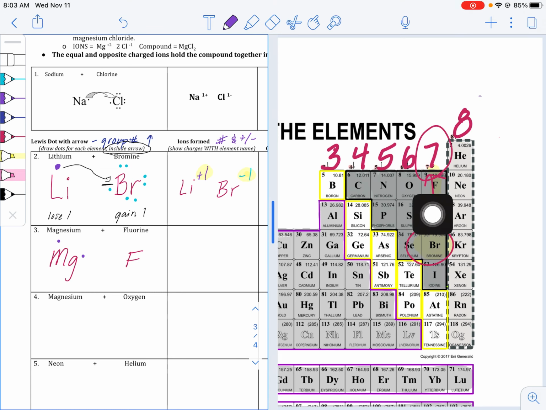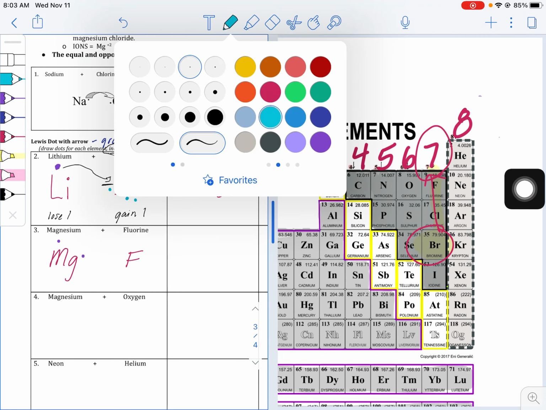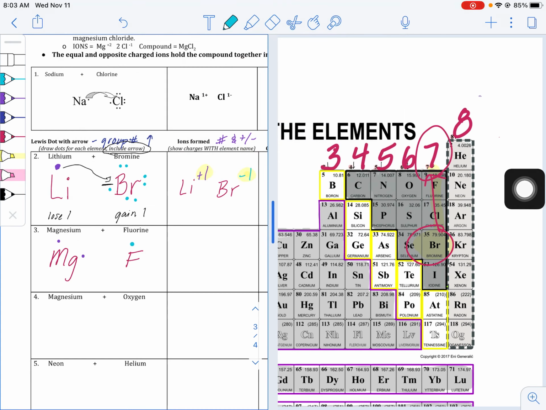Fluorine, same group as bromine, so that is a 7. 1, 2, 3, 4, 5, 6, 7. So again, I should be able to do a quick look and see, okay, this one has 2. It's way easier to lose 2 than to get 6. And looking at the fluorine, I can easily get a visual on what this guy wants to do, gain 1.